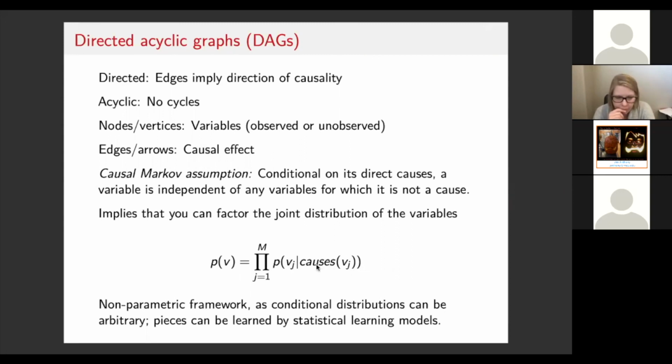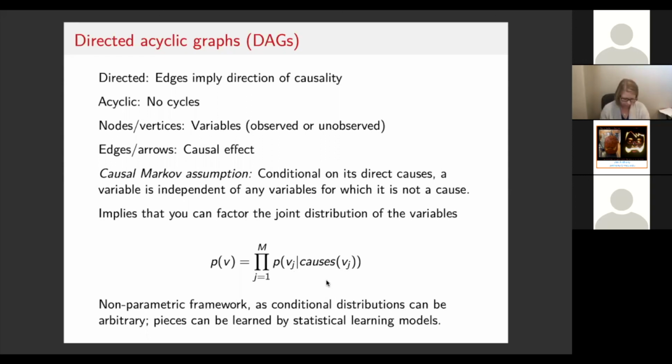There's no linearity. It could be deep learning, it could be logistic regression, linear regression, whatever works for you, if you have to empirically estimate each of these component causes. So in that sense, yes, no parametric assumptions are needed.